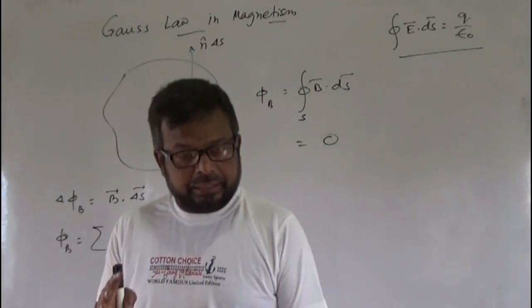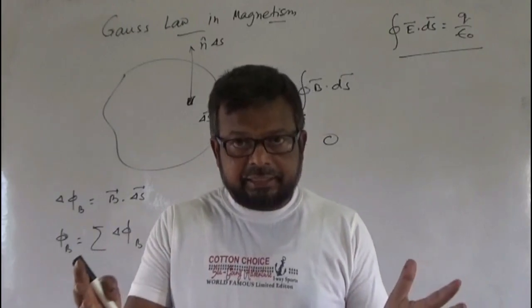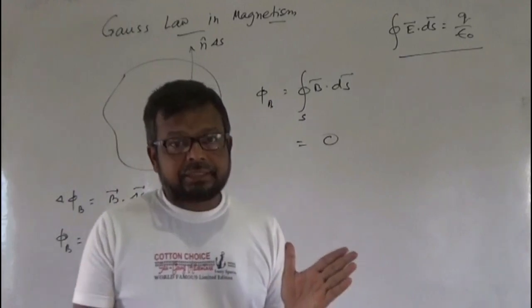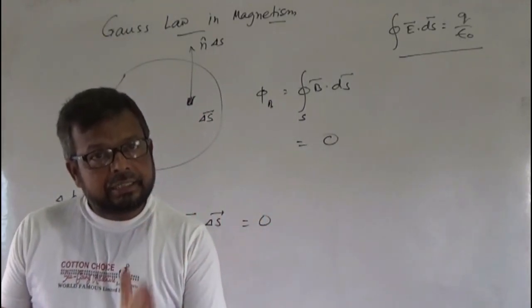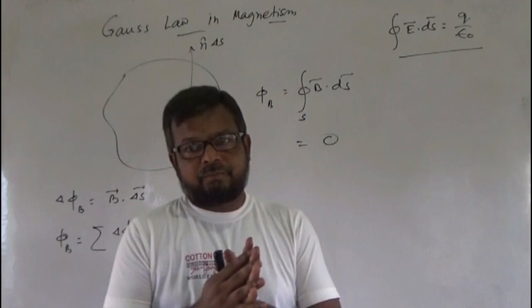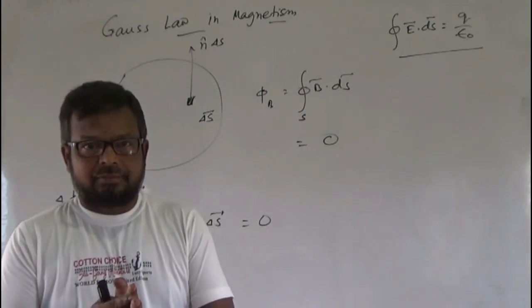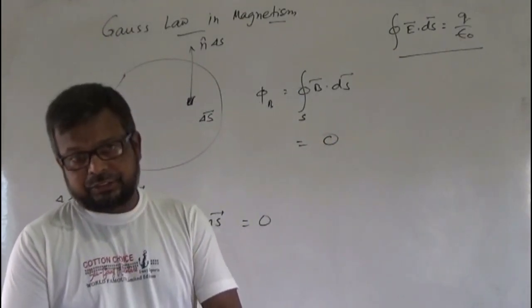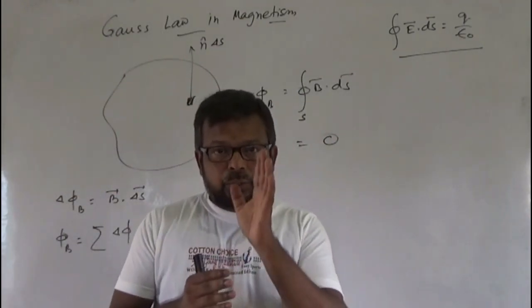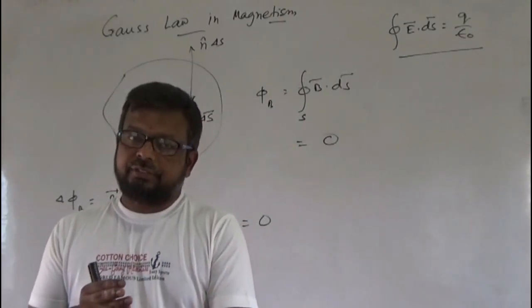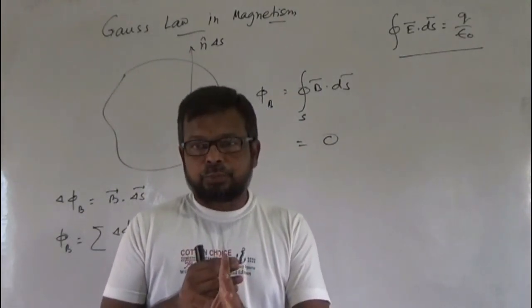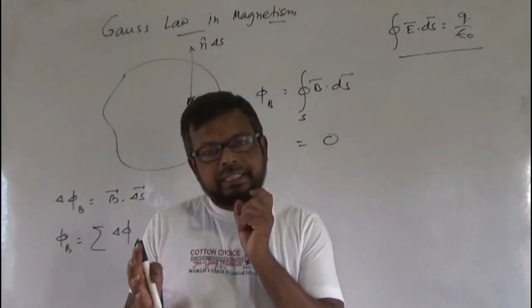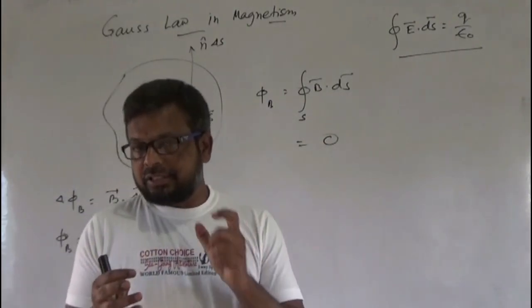If the number of field lines entering any closed surface is equal to the number leaving, then each and every time there is equal pole strength of north pole and south pole. You cannot get a single north pole, you cannot get a single south pole.